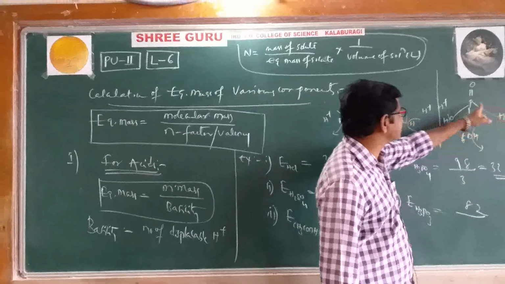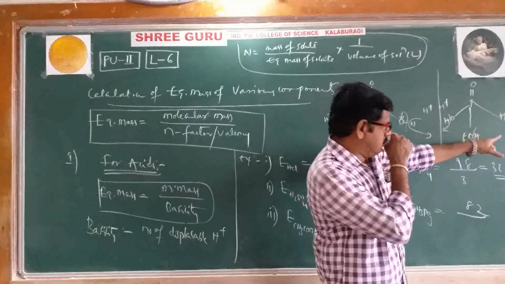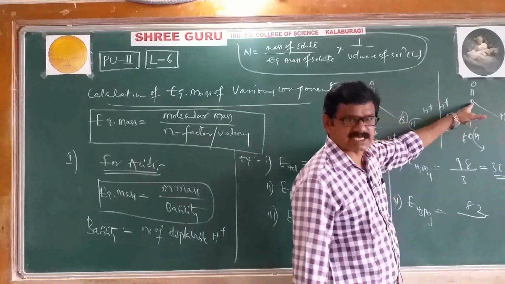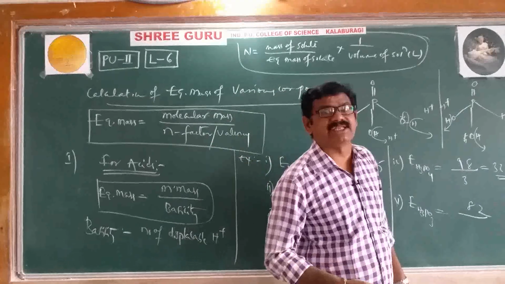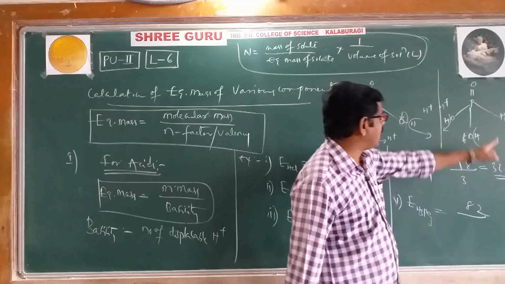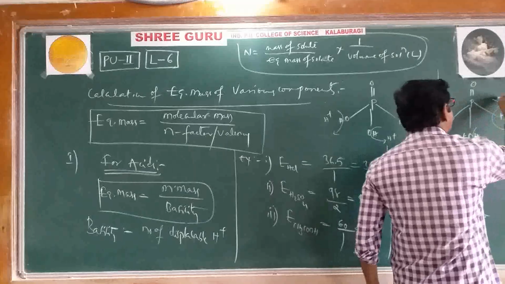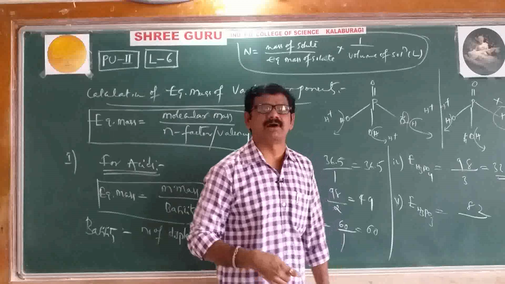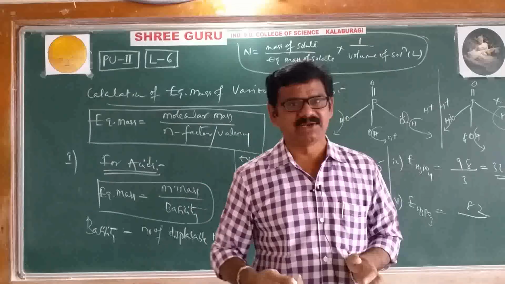Because hydrogen is connected to phosphorus, not oxygen, remember. Hydrogen is not connected to a highly electronegative element like oxygen. That's why this hydrogen does not participate in the bond formation. It is not a displaceable hydrogen ion.